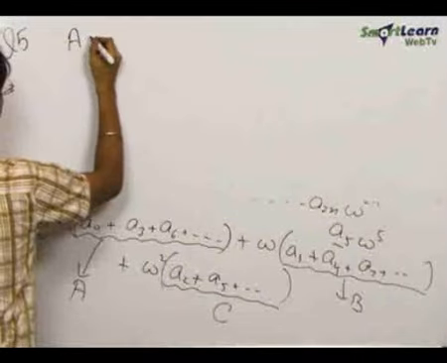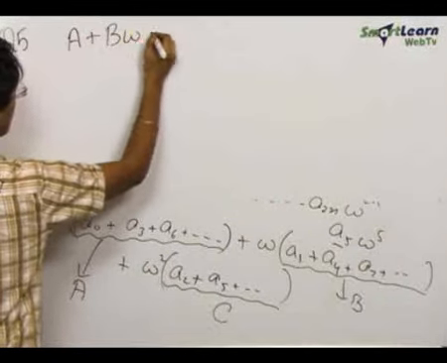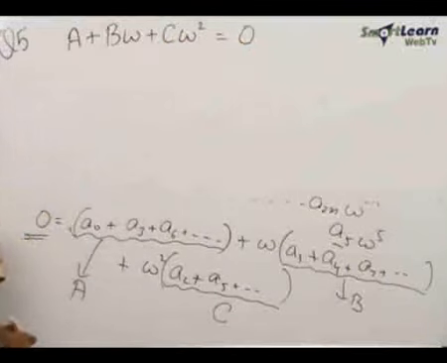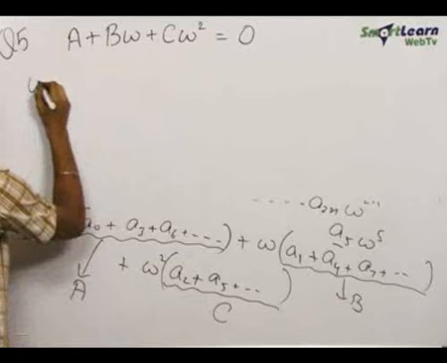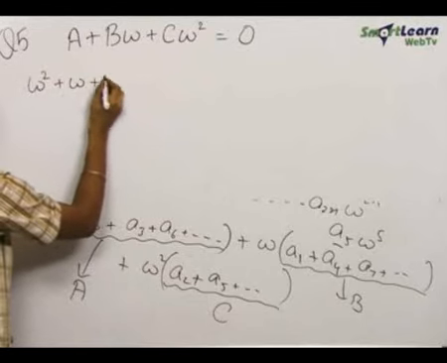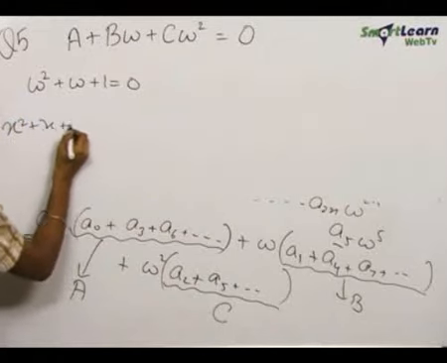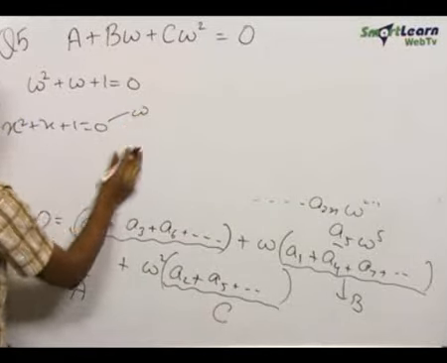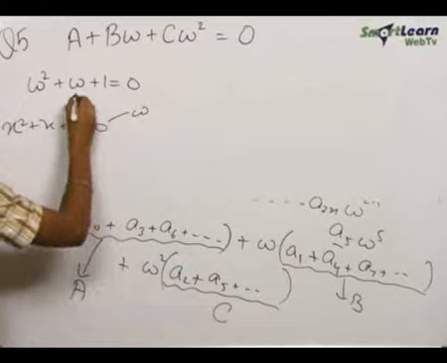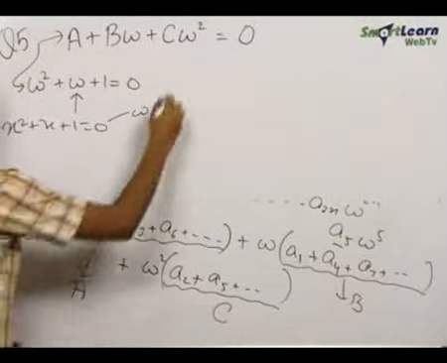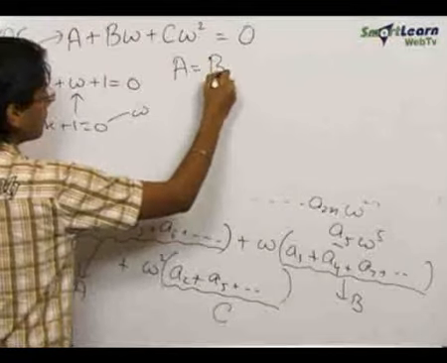So we have A plus B omega plus C omega square equal to 0, and also we know that omega square plus omega plus 1 is equal to 0, since omega is a root of the quadratic x square plus x plus 1 equals 0. Omega is a root. So comparing these two equations, we get A is equal to B is equal to C.